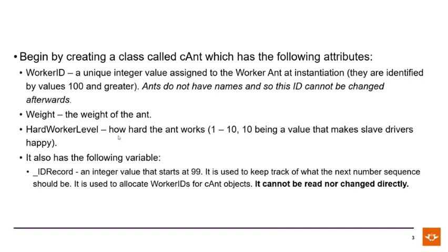Weight of the ant. Hard-working level of the ant, how hard the ant works between 1 and 10, 10 being make slave drivers happy. It also has the following variable: ID record, an integer value that starts at 99 and is used to keep track of the next number in the sequence. It is used to allocate worker IDs to cAnt objects, and cannot be read or changed directly.